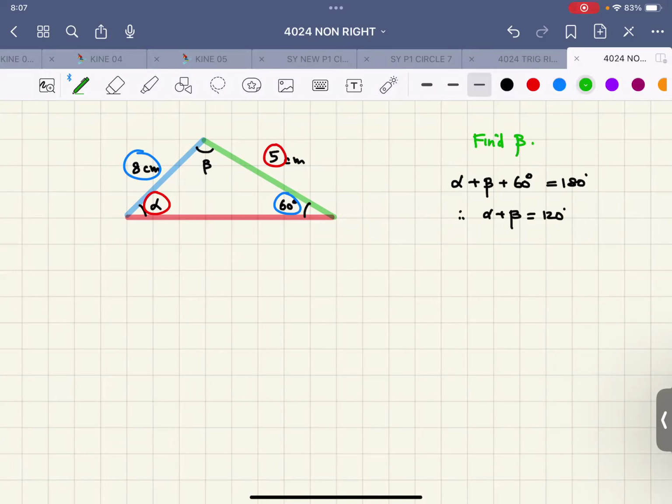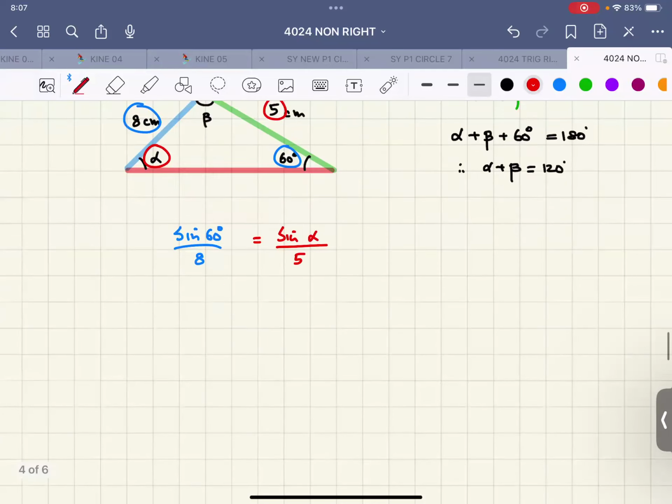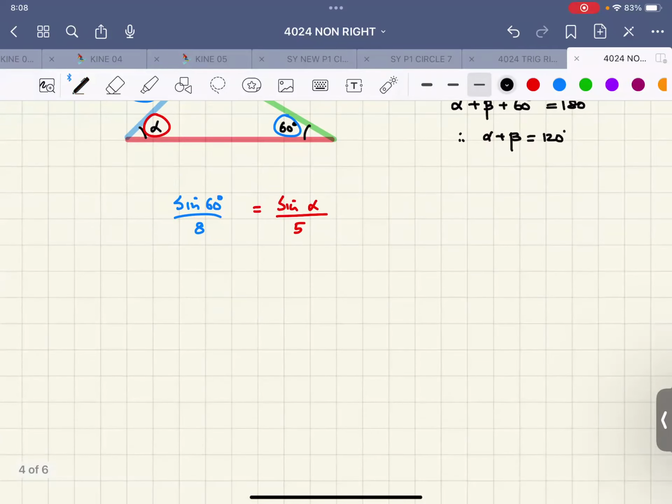I first need to find alpha first. So therefore, I'll write sine of 60 divided by 8 equals sine of alpha divided by 5. So 5 sine 60 divided by 8 is sine alpha.